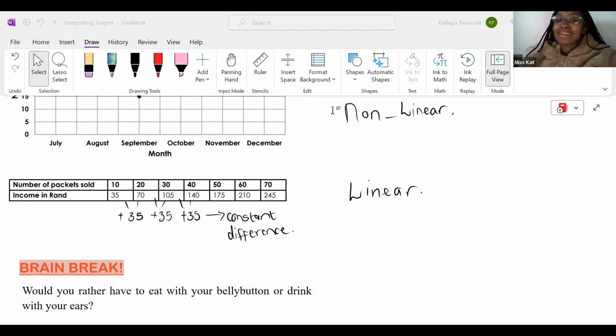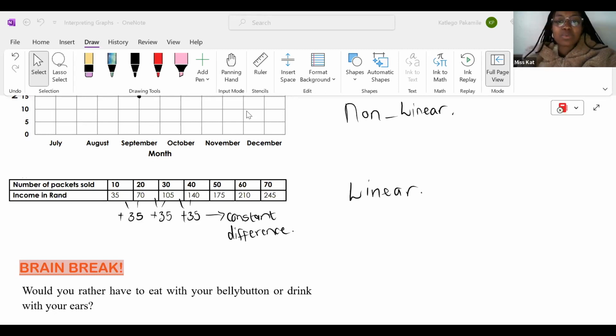Kamukelo's hand vanished. Everyone says belly button. What's going on? Come on, let me hear someone's voice. Some girls say, yo, belly button.